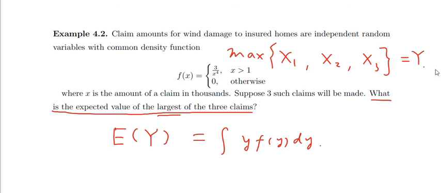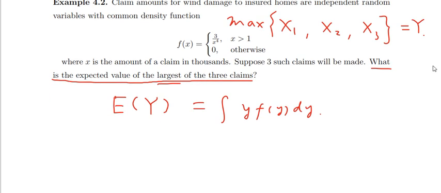In order to find this density function for Y, we check the cumulative function, Y less than y. Y less than y means the largest one is less than this number, so each one is less than this number.